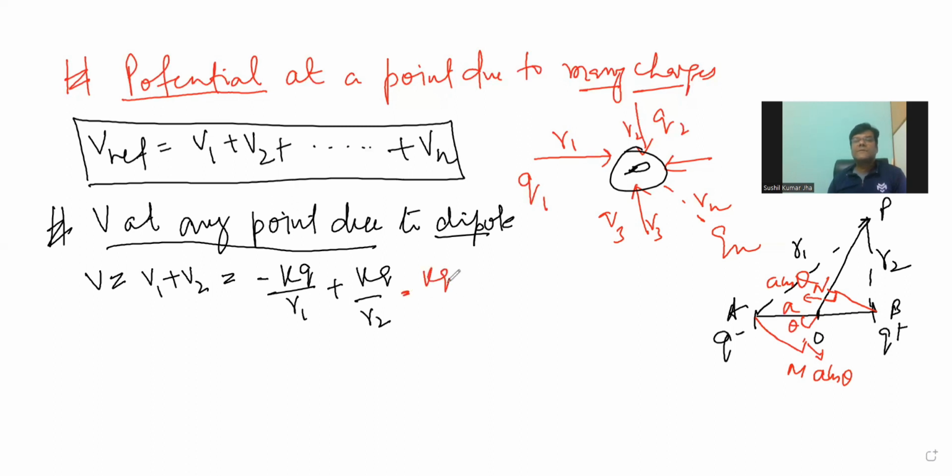KQ is common. Let's write R2 first, which means 1 upon R minus A cos theta minus 1 upon R plus A cos theta, right?